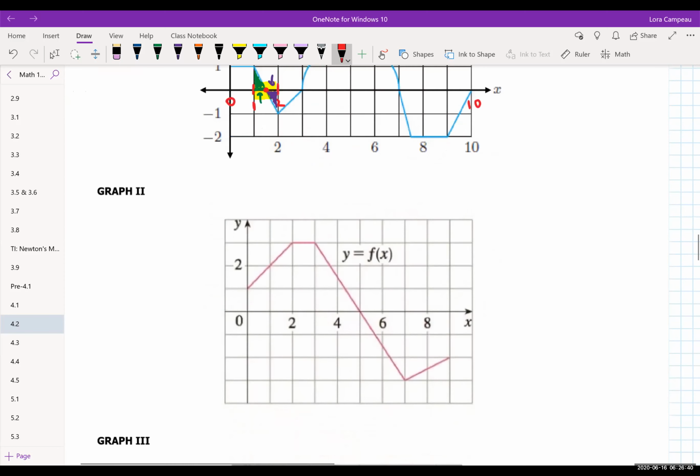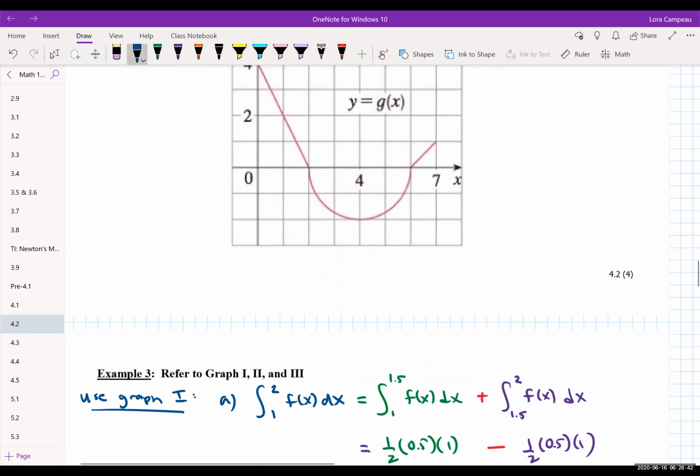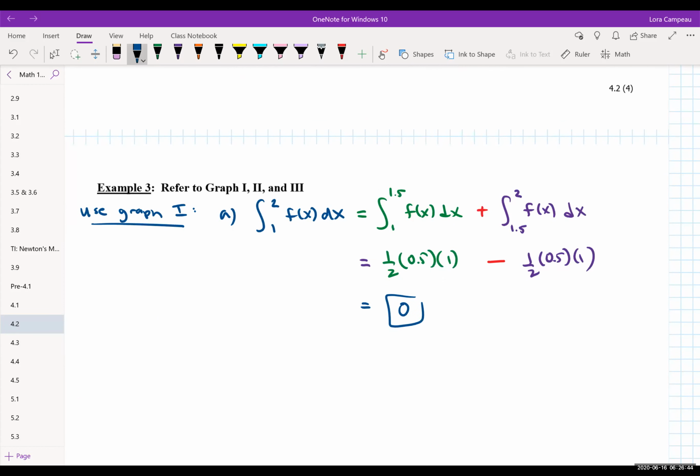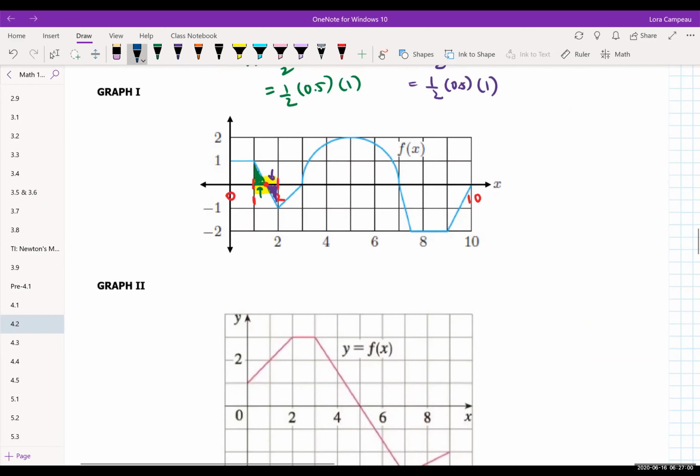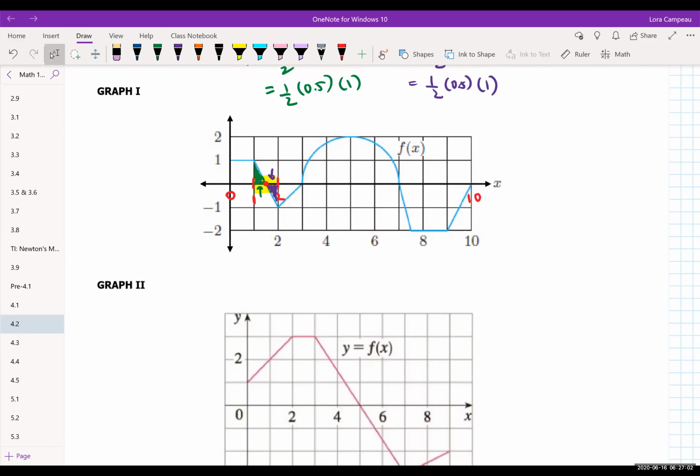So let me kind of designate that just so that you can see if I want to look at the entire x-axis. If I go from x equals 0 to x equals 10 of my entire function, this seems like we're going to break it up into a bunch of different areas. So I might see if I can maybe color code these a little bit more, if you're interested.